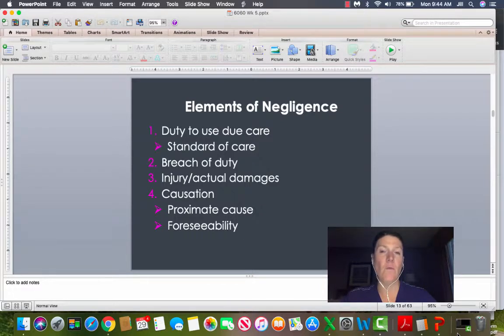Within a normal realm, it was 20 years down the road, and every patient's going to have adhesions and scar tissues in their abdominal cavity if they've had abdominal surgery. So in that situation, there would not be an injury. So you wouldn't meet that element. There were no actual damages caused to the patient at that time.